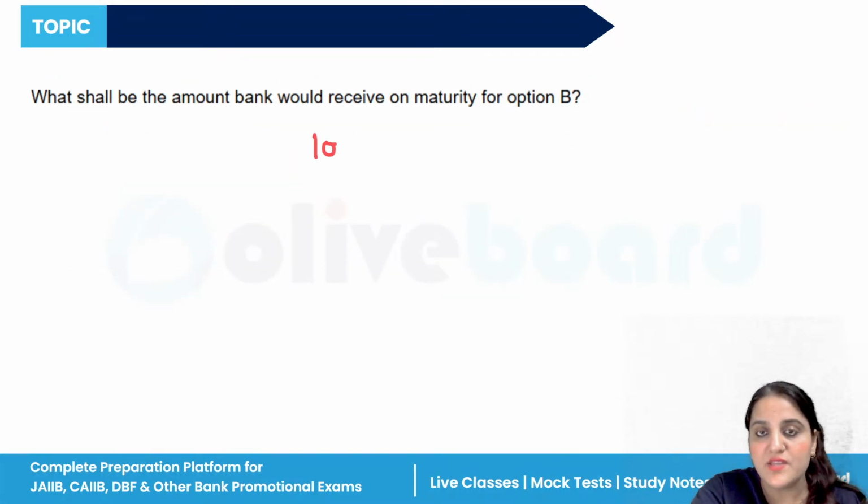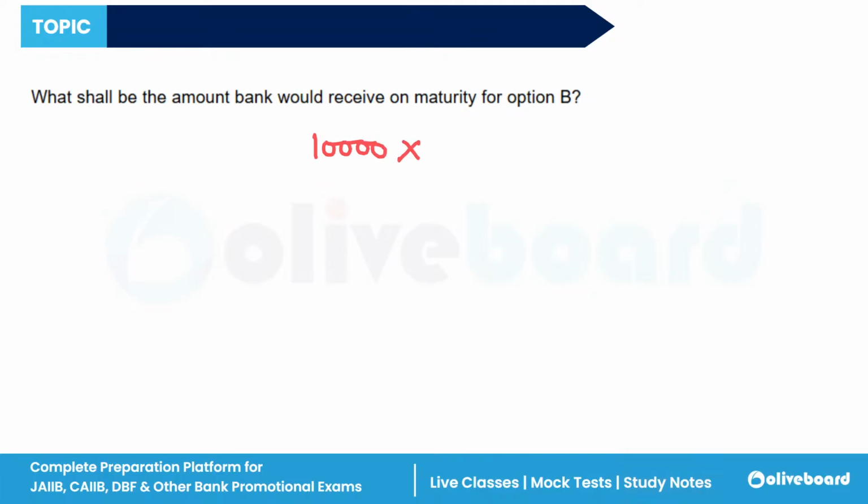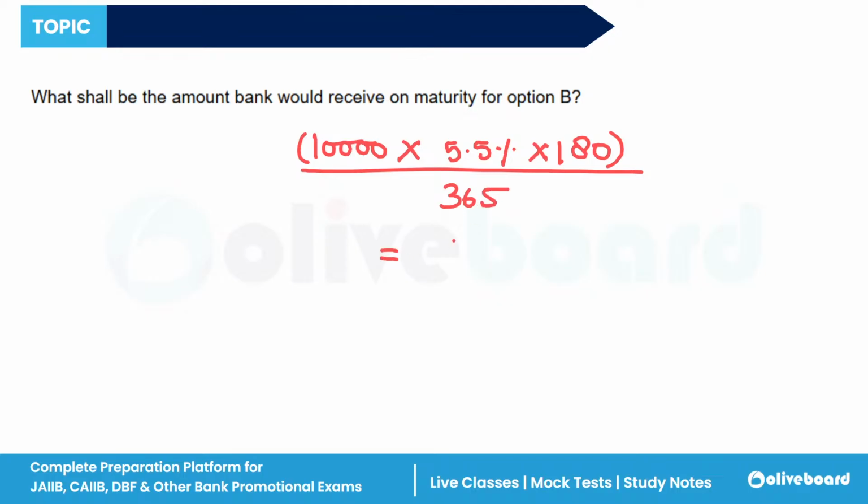So this 10,000 we have to multiply by the annualized yield and the maturity period, divided by 365 days, which when we solve it, you get around 271.23 approx.